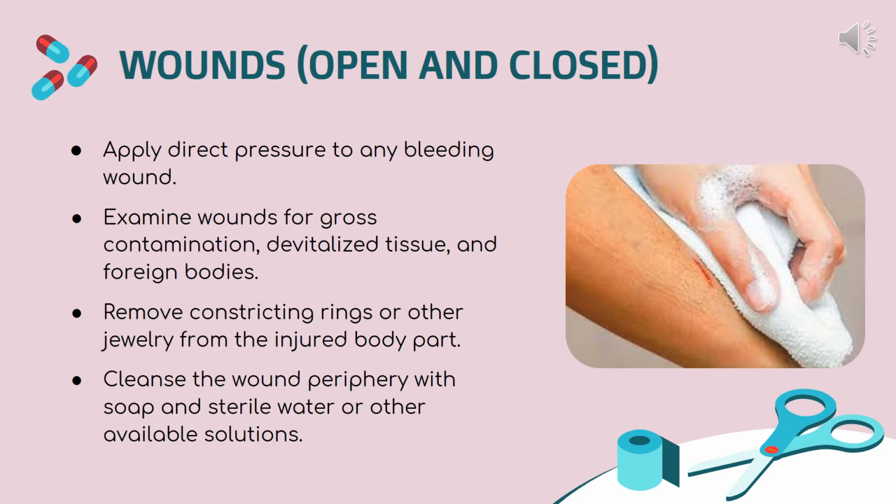And this is not only limited to jewelry but also constricting garments, such as tight t-shirts. And they must be removed because they can hinder blood flow. And hindering blood flow is equivalent to hindering the healing process.